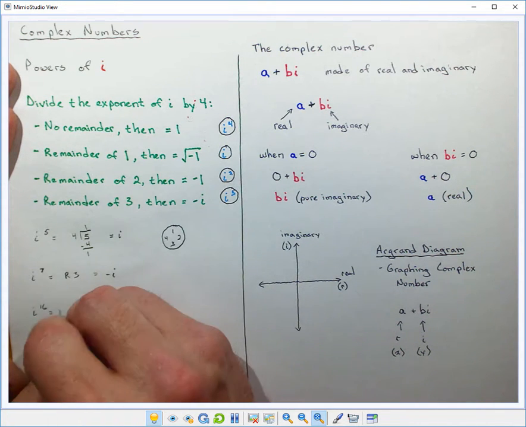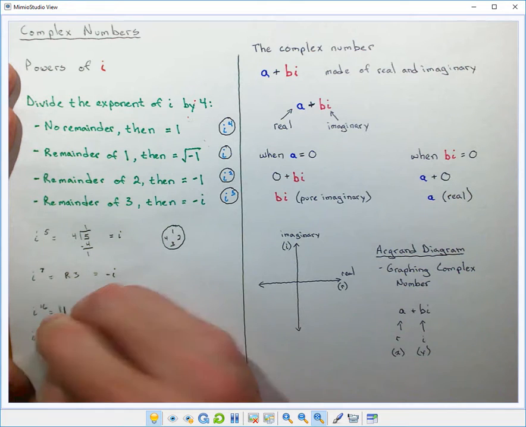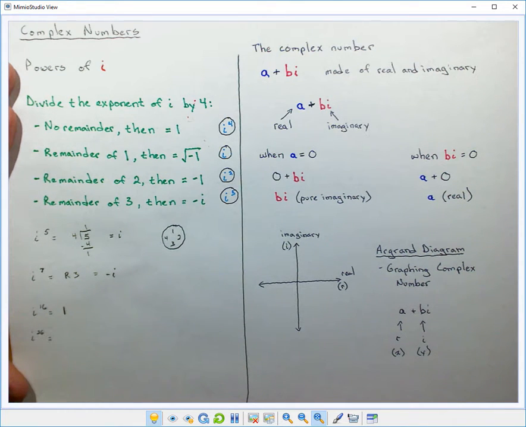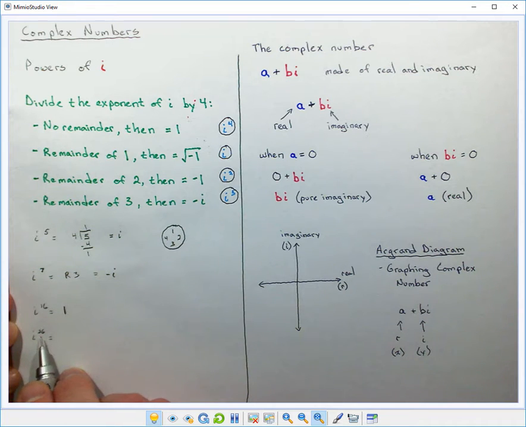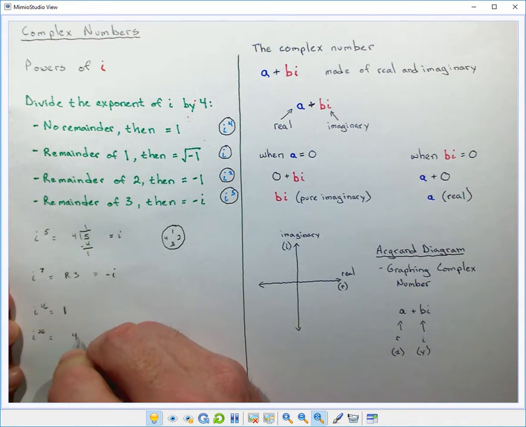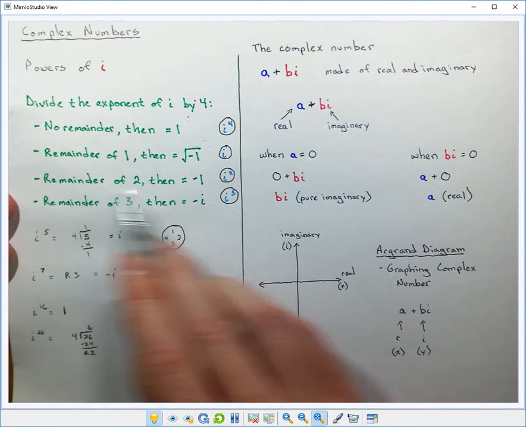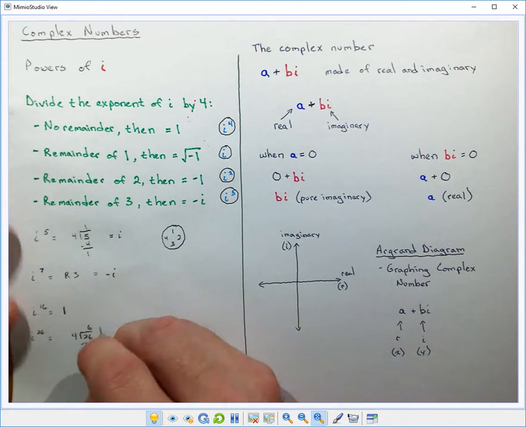So i to the 16th equals 1. I to the 26th, 4 will go into 26, and we'll write that out. How many times will 4 go into 26? 6 times. So I get a 2, so I have a remainder of 2 there. For a remainder of 2, my answer is i squared.